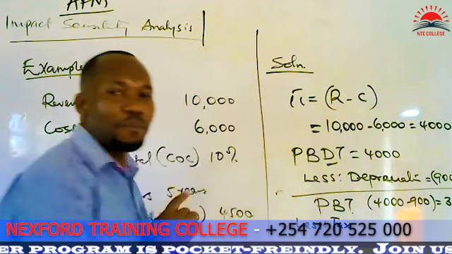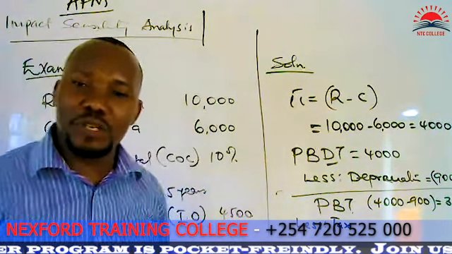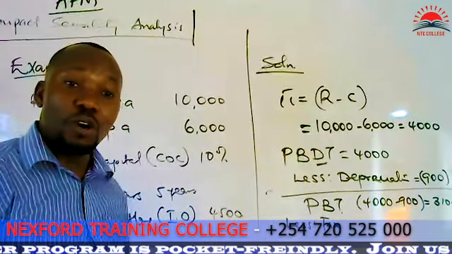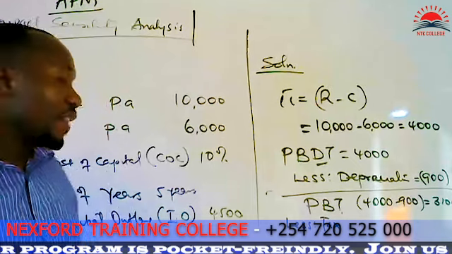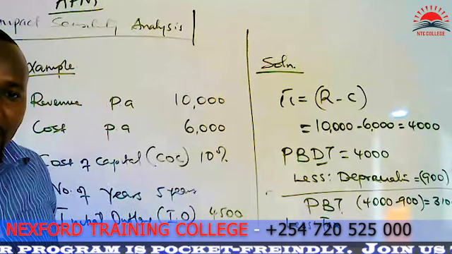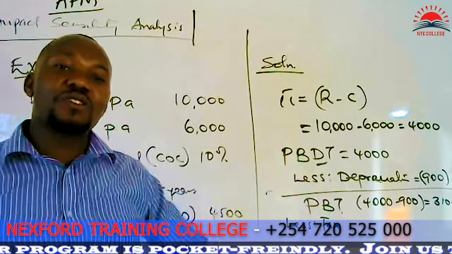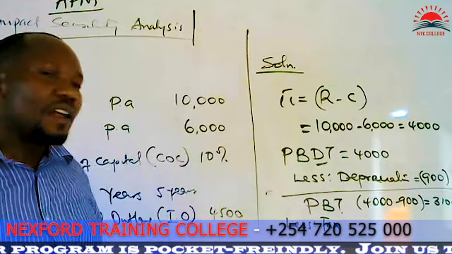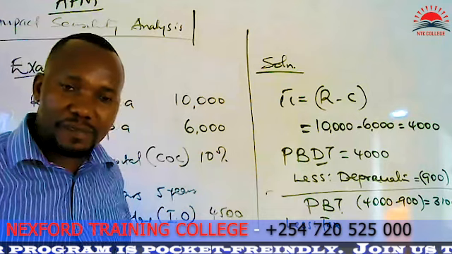I'm saying that this one is applicable where the examiner has given you the rate of depreciation or depreciation amount, or they have mentioned that depreciation is on straight line. And the examiner has also given you tax. If there is no tax, don't worry. Without tax, you don't have to go through this.